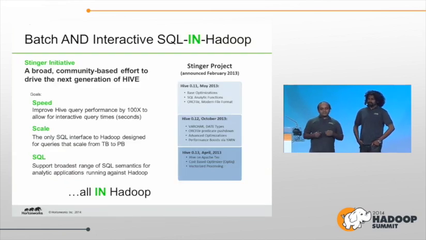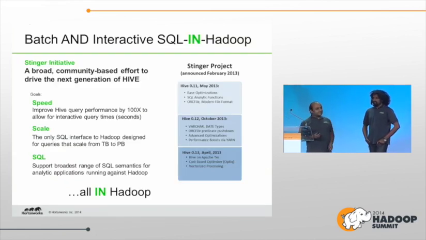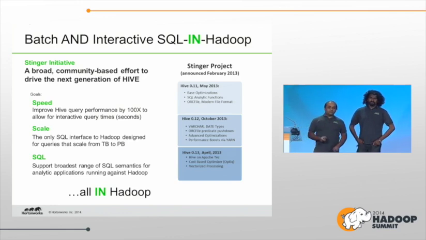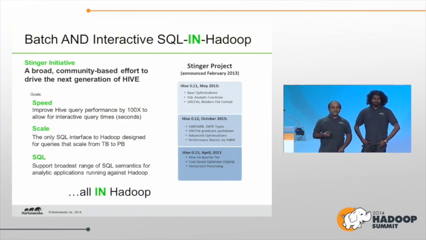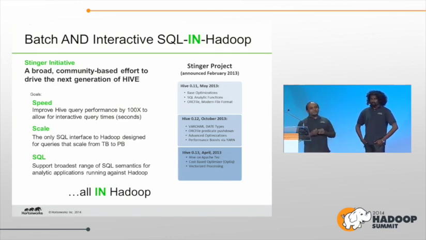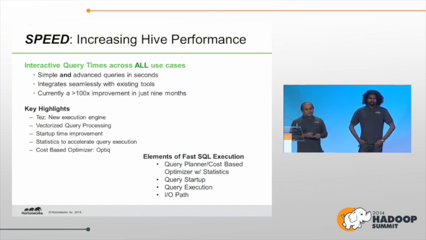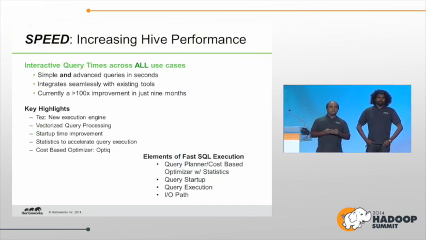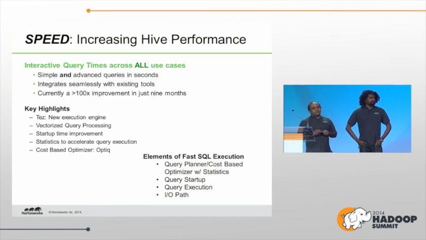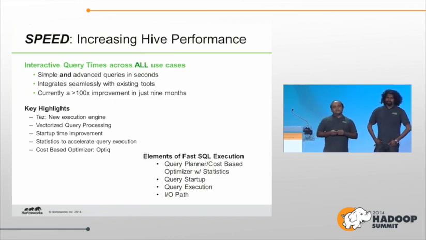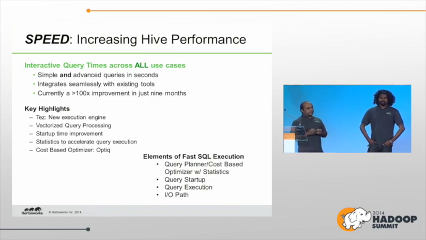So around 1 year back, we started with this project called Stinger Initiative. And this was to address speed, scale, and SQL in Hive. And this talk will be primarily focused on speed. In speed, the key area of focus was the query planning using a cost-based optimizer which uses data statistics, then better and faster execution.